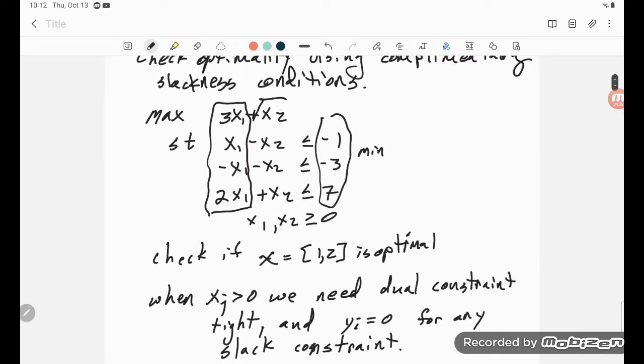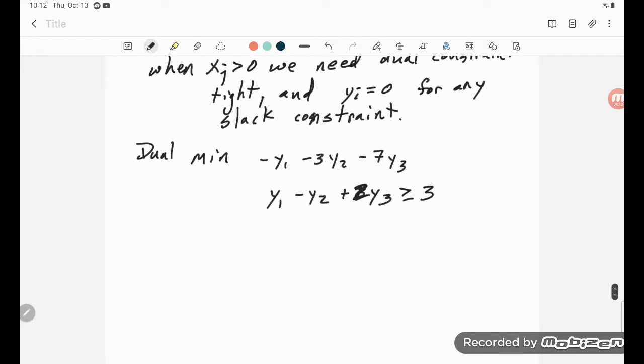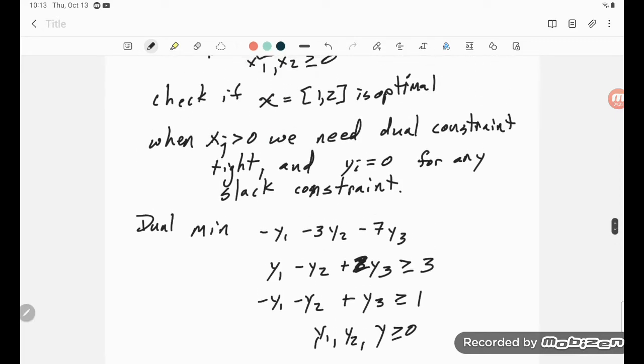And then this one, negative y1 minus y2 plus y3 has to be greater than or equal to 1, and y1, y2, y3 all need to be greater than or equal to 0. So there's our dual problem.